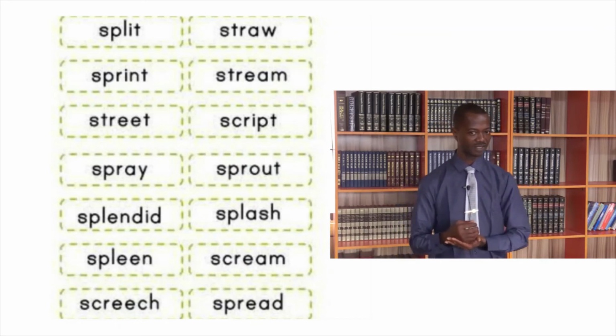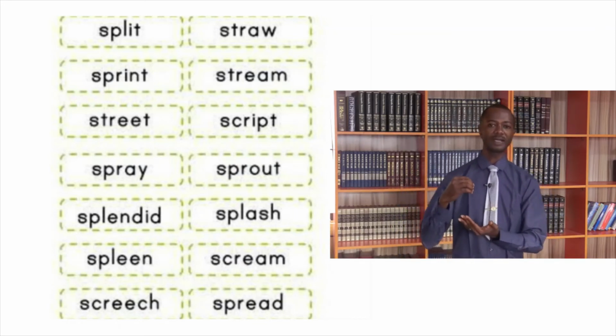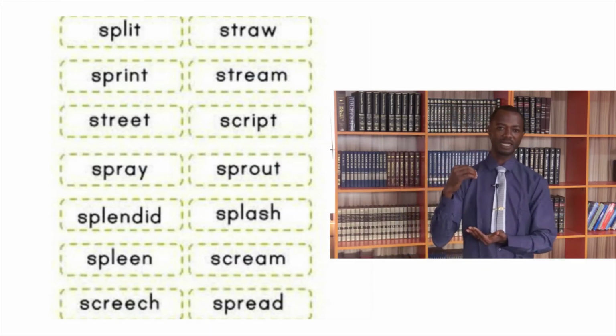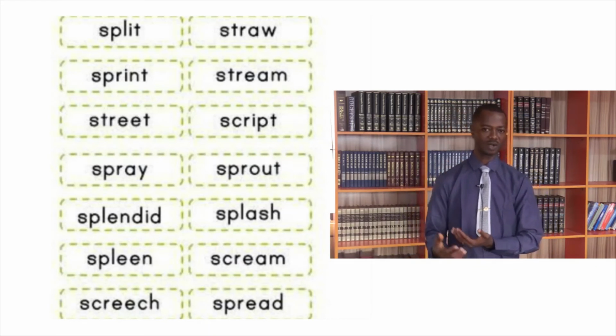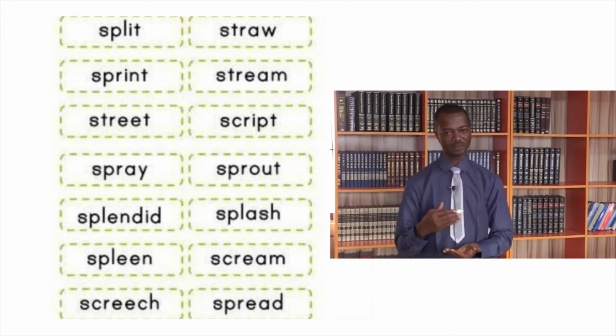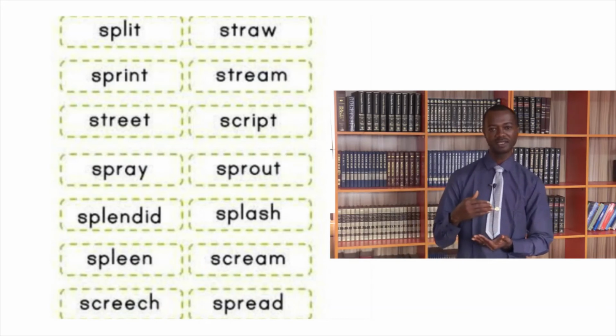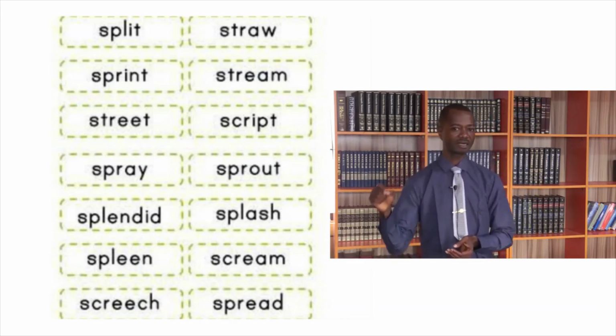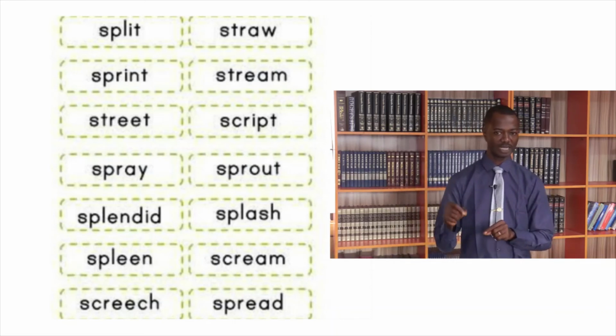So a trigraph is also different from a three-letter consonant cluster. For example, the word match is spelled M-A-T-C-H. The TCH there is a trigraph, three letters that are pronounced as one.